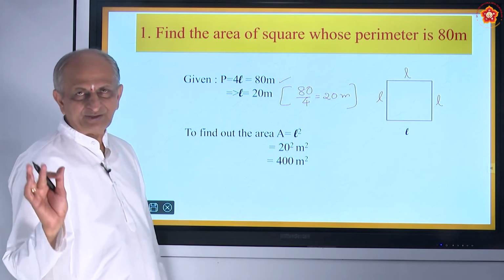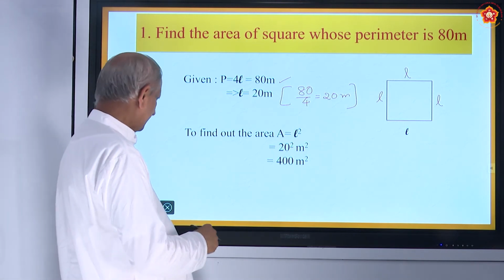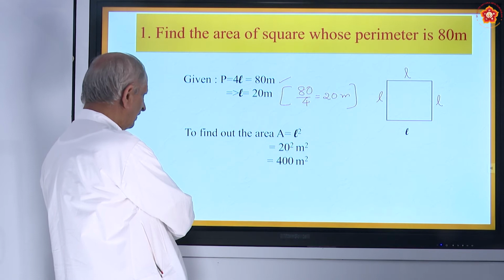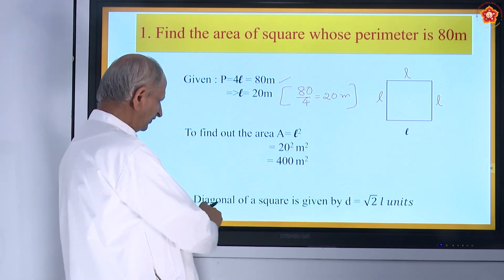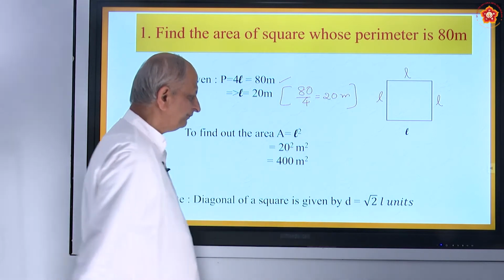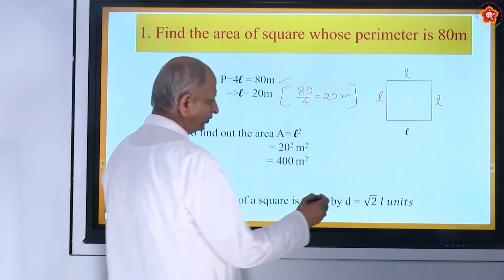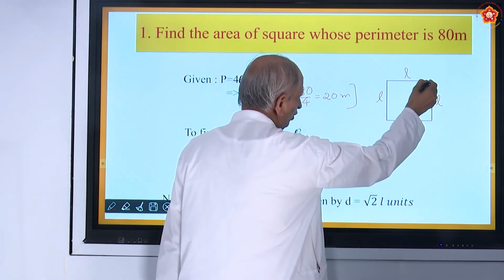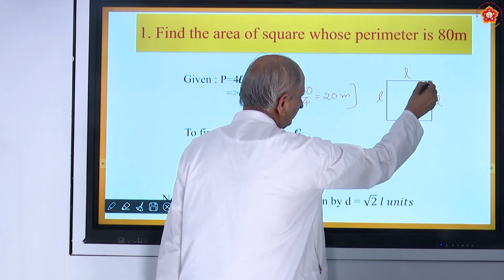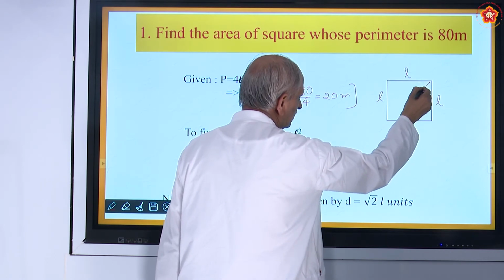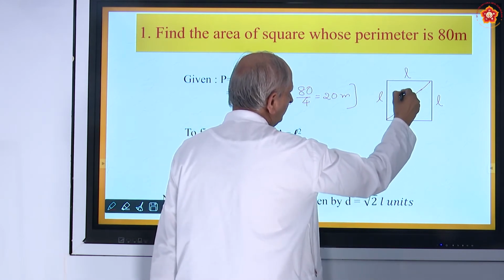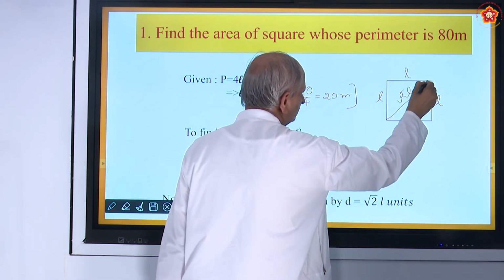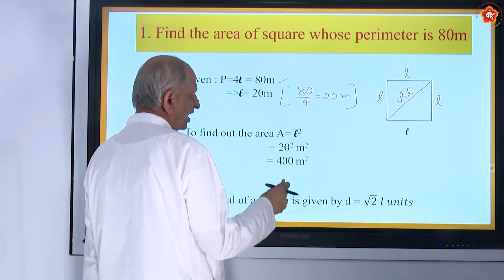Is it alright? One of the simplest formulas, and this carries only 1 mark. The diagonal of a square is given by the formula root 2 L. Suppose you want to find the length of the diagonal, this will be root 2 L. And what do we mean by diagonal?